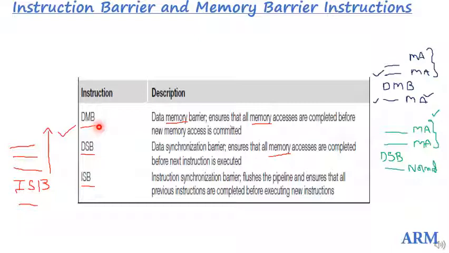The DMA controller is responsible for doing direct memory access without the intervention of the CPU. So in that case, this DMB instruction will come into the picture. These three instructions are used mainly when the memory system is a complex scenario.